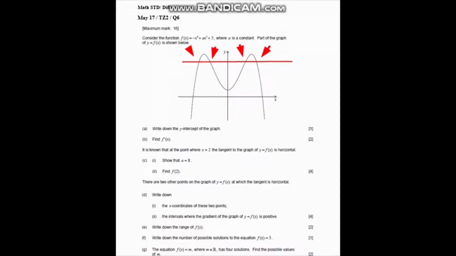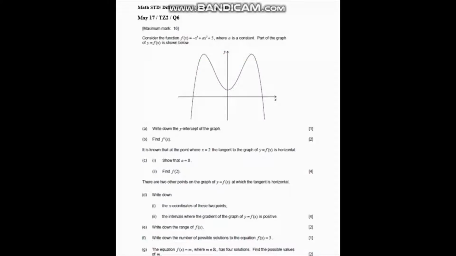So we want to know the region, the possible values, such that there are 4 intersection points. So the possible values of y, such that there are 4 intersection points, or the possible values of m, where y equals m is the equation of the horizontal line we're talking about, has to do with the number of intersection points with the graph.